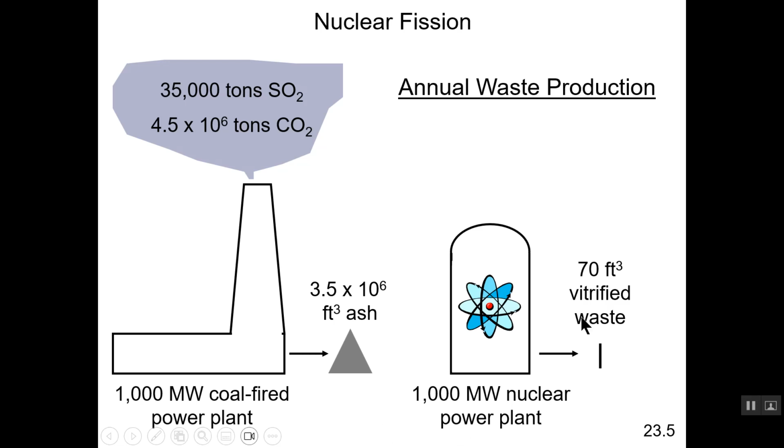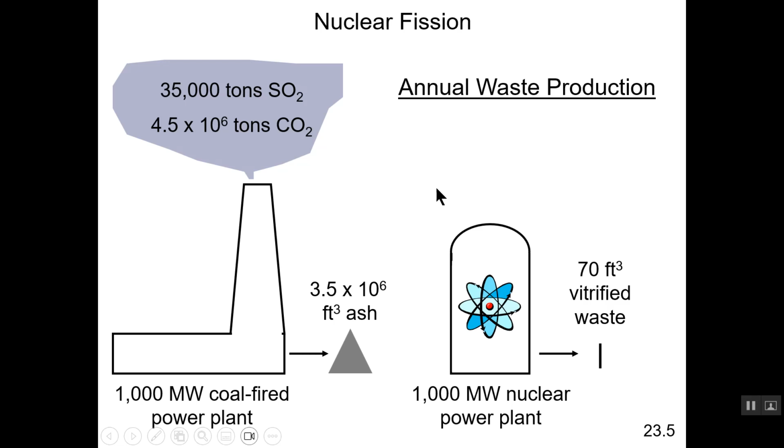So the nuclear power plant will produce, as you can see here, 70 feet cube of waste, while a traditional coal-fired power plant produces this much waste, 3.5 million feet cube of ash, all right? In addition, there are some gases that will be produced, sulfur dioxide and carbon dioxide, and these are the amounts. So that's another advantage of using nuclear reactors as opposed to a traditional coal power plant.